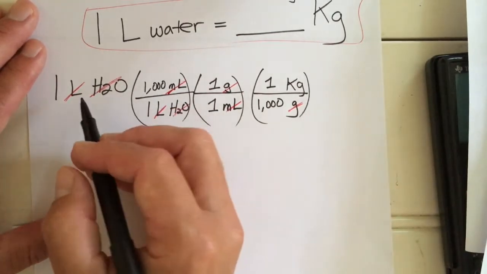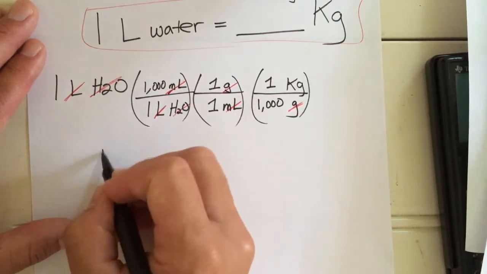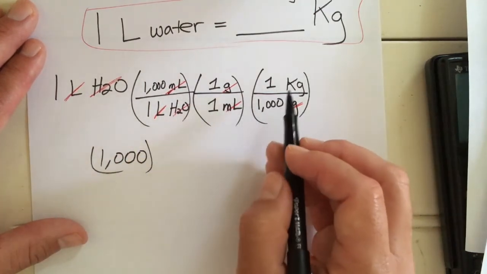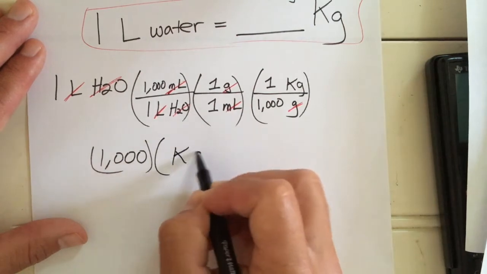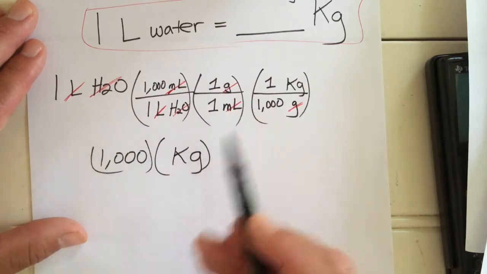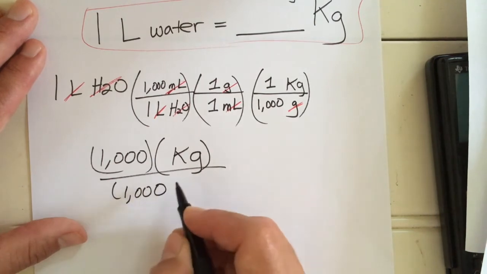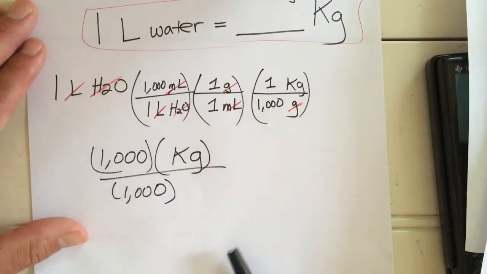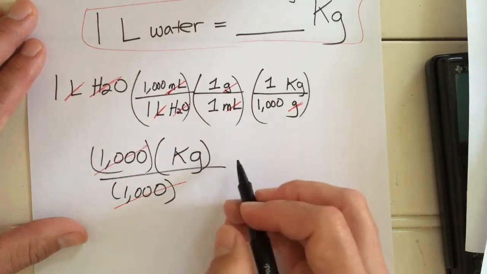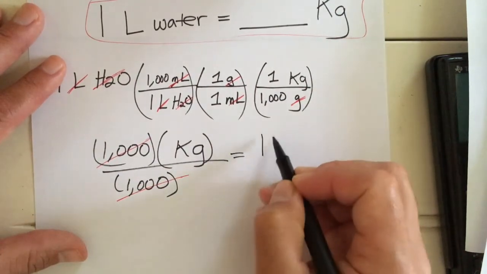It's water. All right, anyways, so 1 times 1 times 1,000, times 1 times 1 times 1 times 1 times kilograms. On the bottom, 1 times 1 times 1 times 1 times 1,000. And what we can see then, that's pretty cool, 1,000 cancels 1,000, and we're going to be left with 1 kilogram.